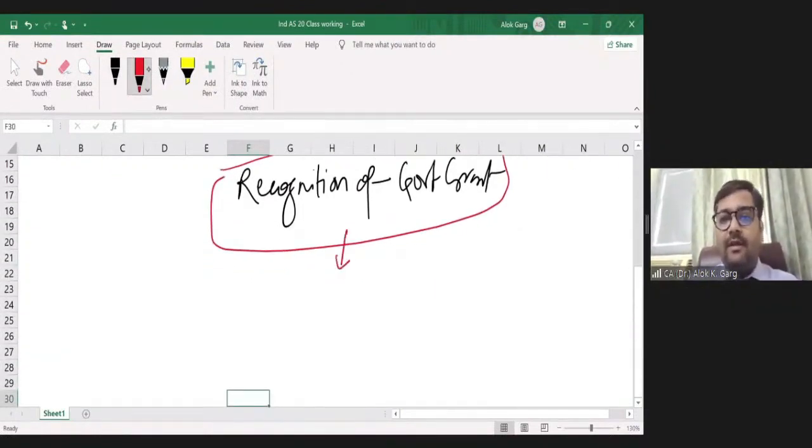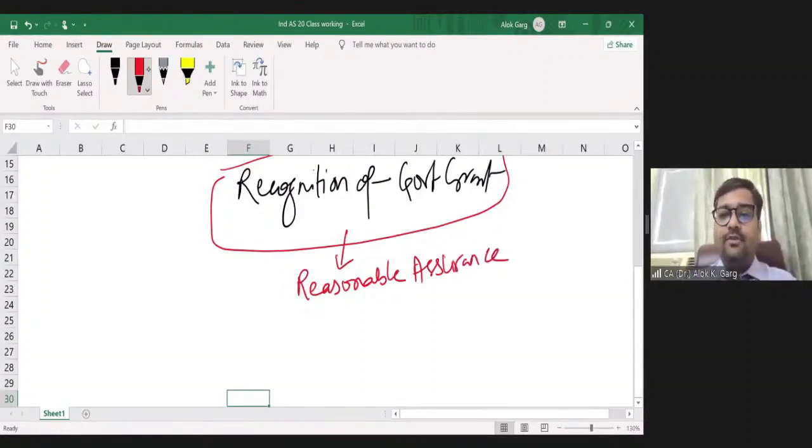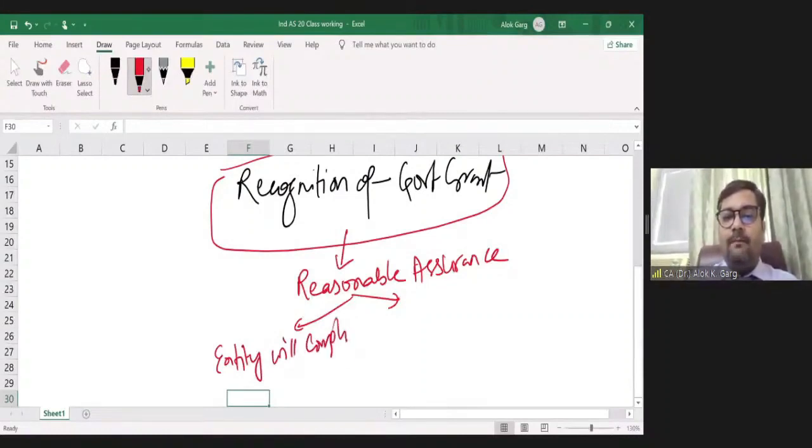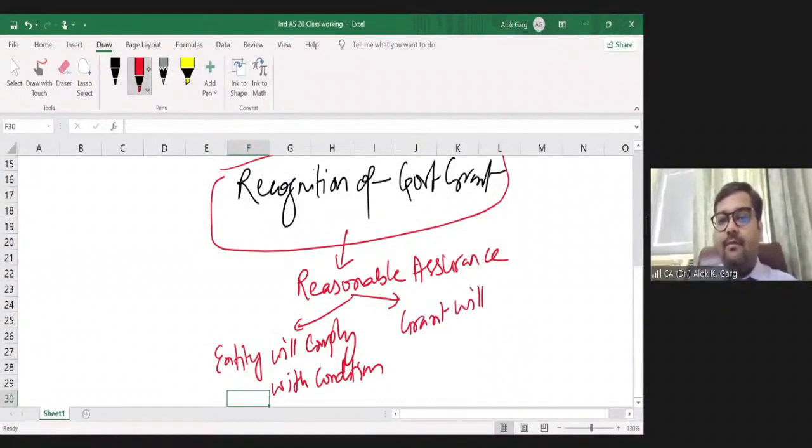When there is a reasonable assurance. Reasonable assurance of what? Reasonable assurance that the entity will comply with the conditions and the grant will be received.